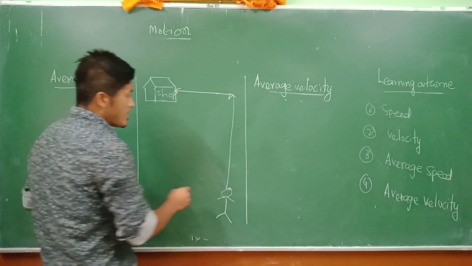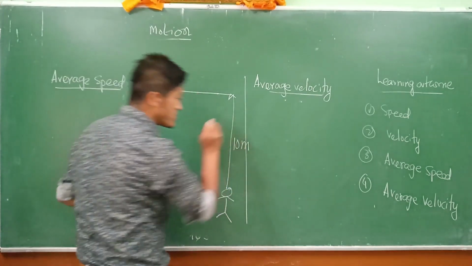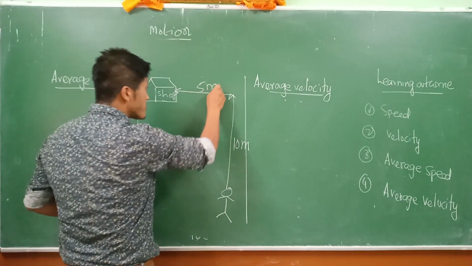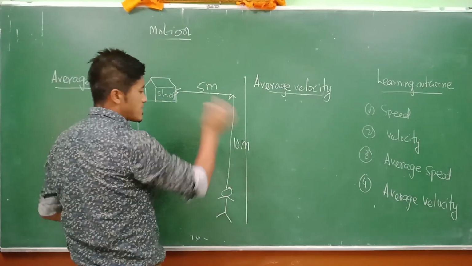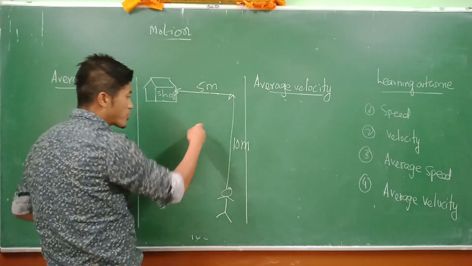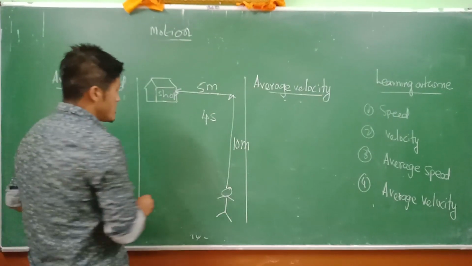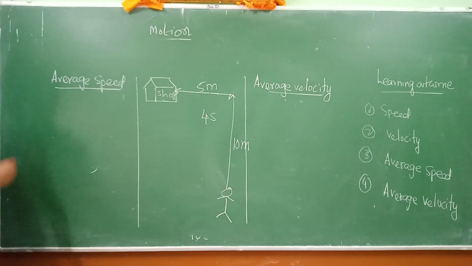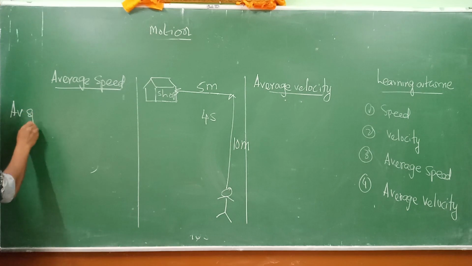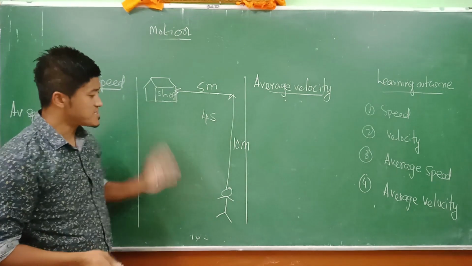Is that clear? Now when he is traveling in this way, first he is covering 10 meters, then he is covering 5 meters in a time interval of, let's say, 4 seconds. Overall time, 4 seconds. Understand? Now, if I was asked to find the average speed here, the average speed means you have to total up the distance.